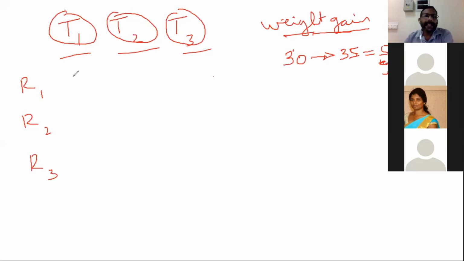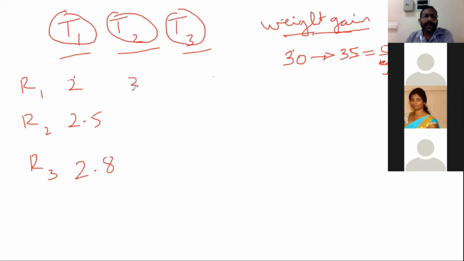So here the weight gain is, after treating with T1, let's say, these are 2-month old piglings. So weight gain here is 2 kilogram, here 2.5 kilogram, 2.8 kilogram weight gain, from treatment 1.